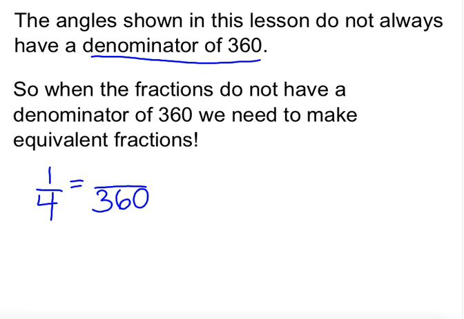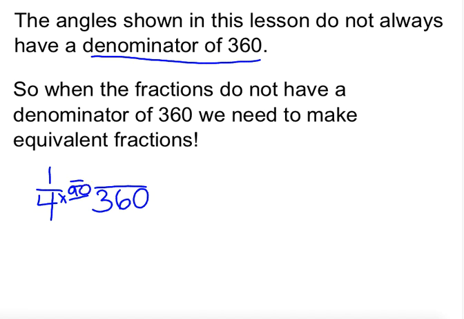Okay? And then we fall back on our knowledge about equivalent fractions. And we know that since we're going from 4 to 360, we're going to use multiplication. So 4 times what number would give me 360? I know 4 times 9 is 36. So now I add the 0, is 90.